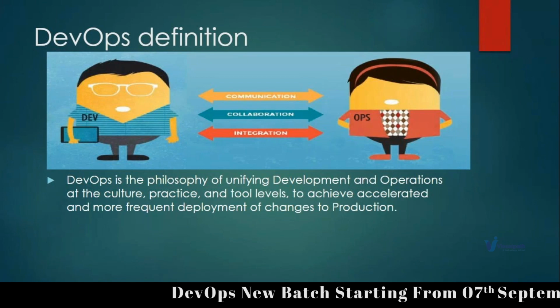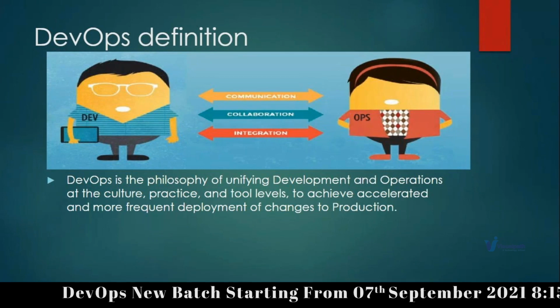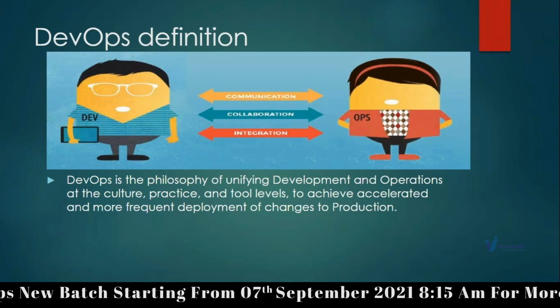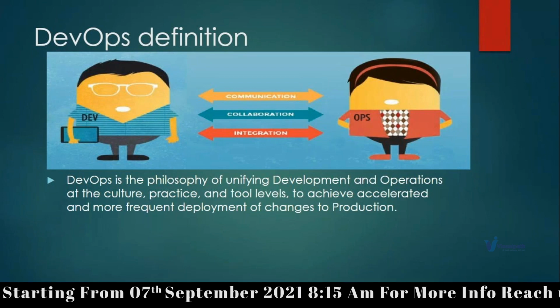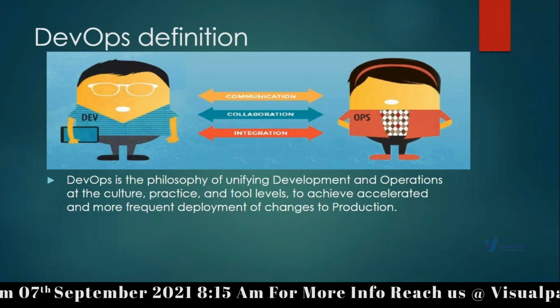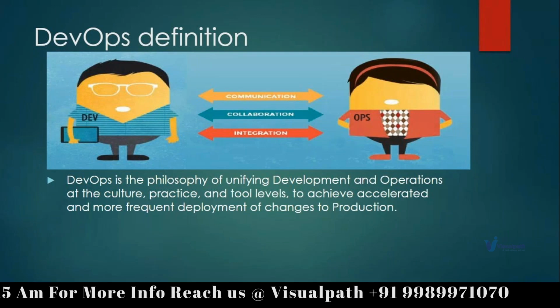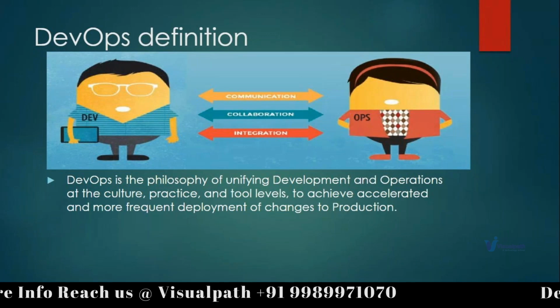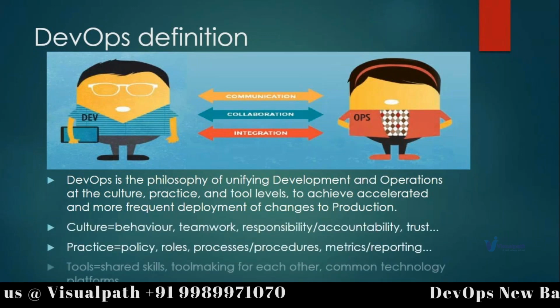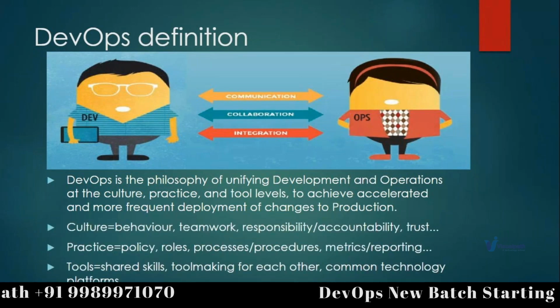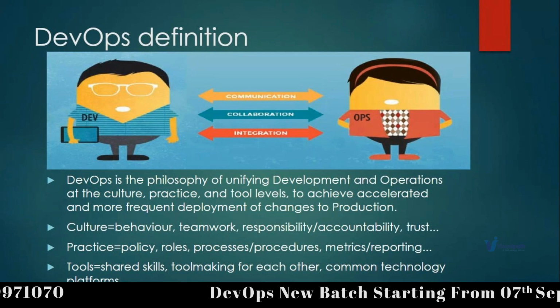It's a philosophy. Right? This is the big picture. You're going to unify development and operations team at culture, which is the communication and collaboration, guys, right? And integration. So culture, practice, and tools level.